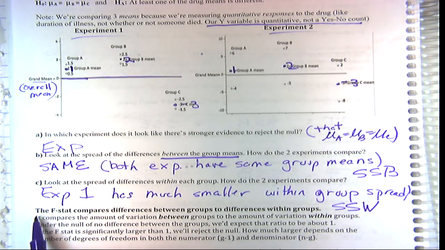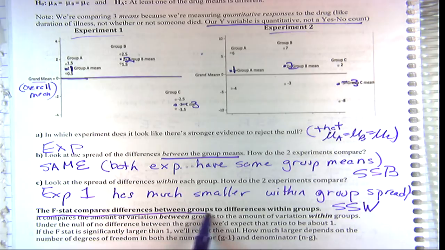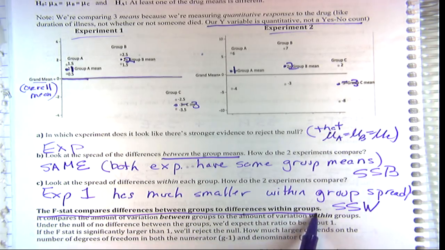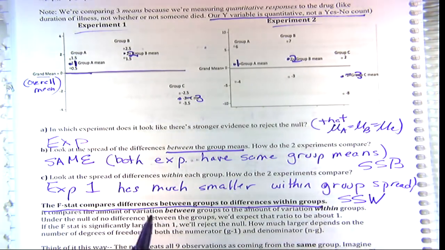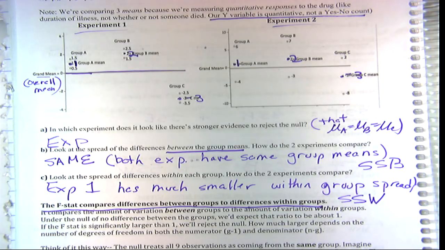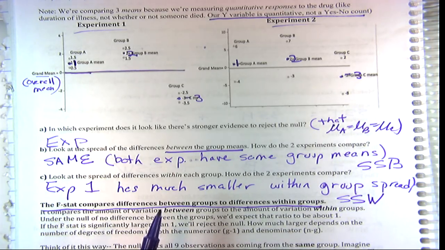And what the F-stat does is compare the differences between the groups to the differences within the groups. If the null is that group membership tells you nothing better than the overall average, then that statistic should be about 1. It makes sense that it would be about 1, right?